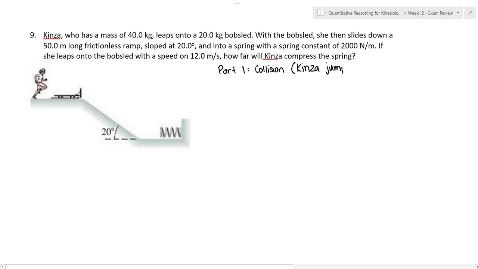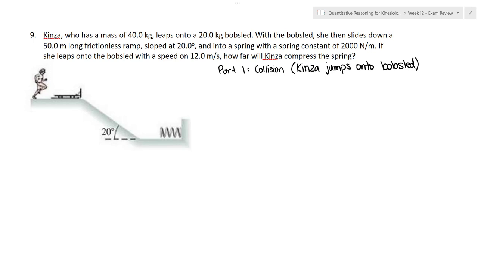She jumps, which is kind of like colliding, onto the bobsled. And then in part 2, Kinza and the bobsled, which are at the top of the ramp, slide down the ramp and compress the spring, and that would be a transfer of energy problem.